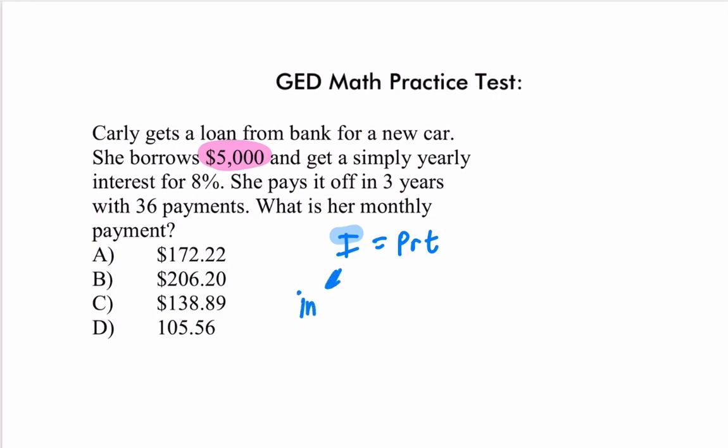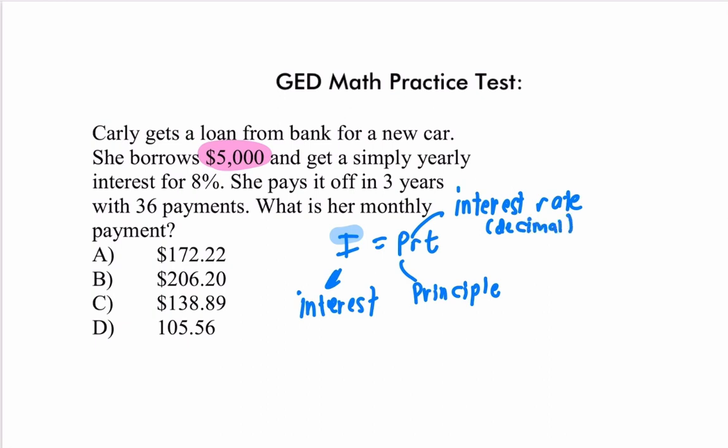I is interest, P is the principal, R is the interest rate, which you need to convert to a decimal. T is time, which you need to convert to units of years.